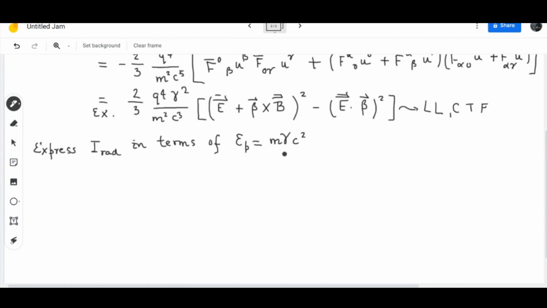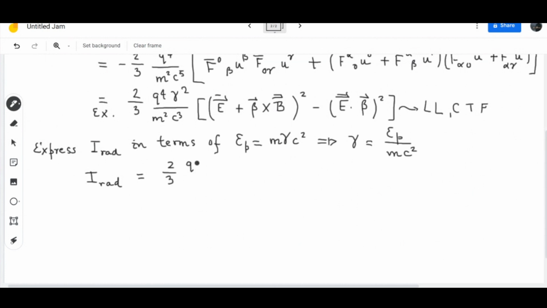That is very easy. All you do from here is write gamma equal to E_P by mc squared. So if you plug that in here, I rad becomes equal to, it's a sort of a trivial statement, but you can do that if you want.